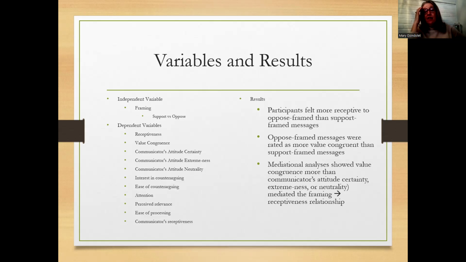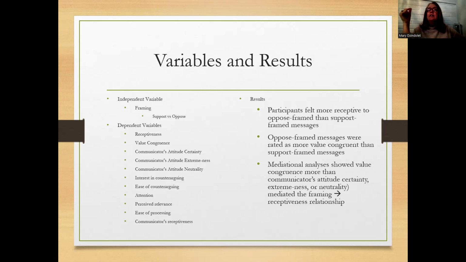And what they found was that even though communicators' attitude certainty and communicators' extremeness and communicators' neutrality all did play a role, these other ones didn't. Attention didn't, ease of processing didn't, perceived relevance didn't. But even though some of them worked, the value congruence was way stronger.